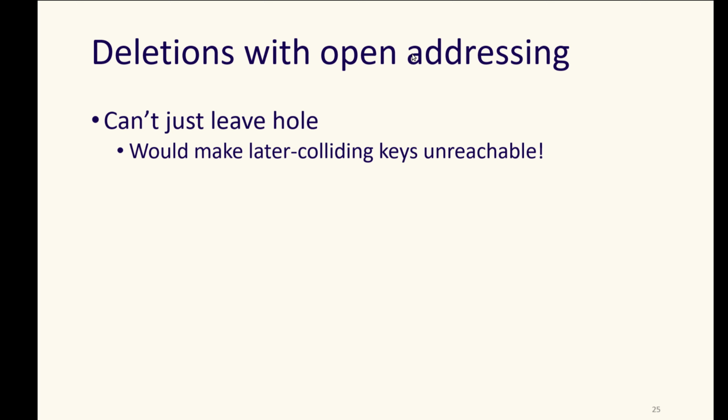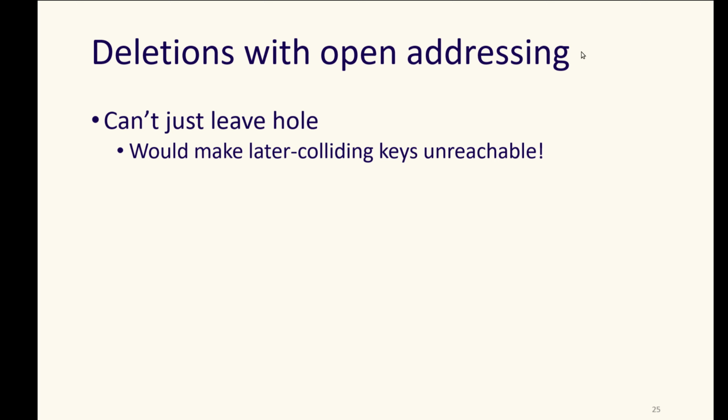And if we stop finding those keys, we'll assume that the thing that we're looking for is not in the hash table. So if something mapped to 5, I'm going to look at index 5, and then I'm going to follow my probing rule until I find an empty space. And if I found an empty space before I find the value I'm looking for, then I assume that the value was not in the hash table.